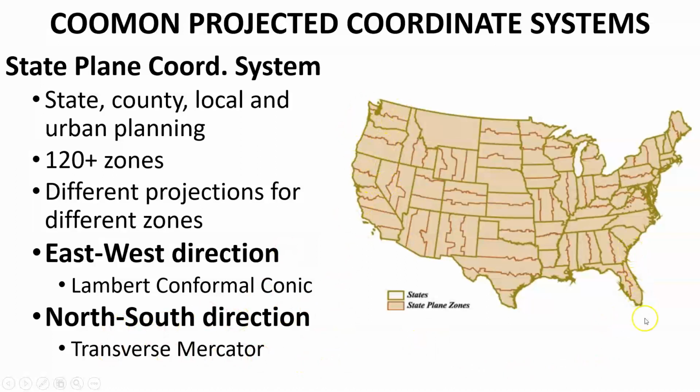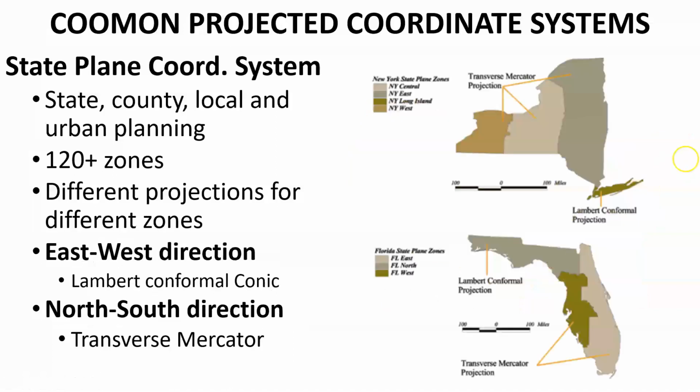So for example, parts of Florida that are north-south, but also New York, outside of Long Island, they use the north-south direction. So here we look at this shape of New York, West New York, Central, and East New York. They have the transverse Mercator projection, and the Lambert conformal conic projection is used for those east-west orientations.